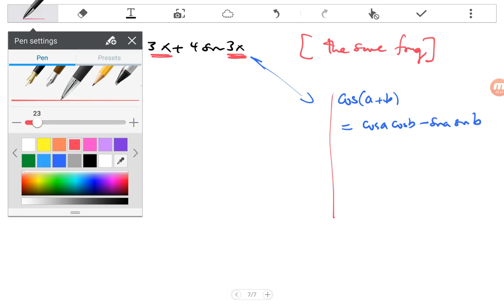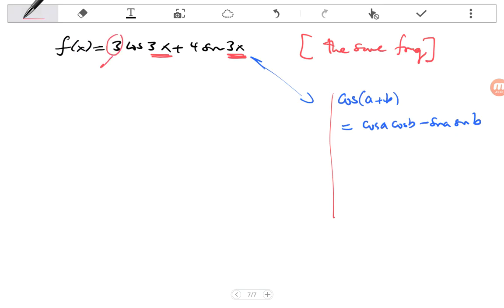What if you consider this as a cosine of some angle? I will just call it alpha. Also, let's consider this as the sine of the same angle alpha.